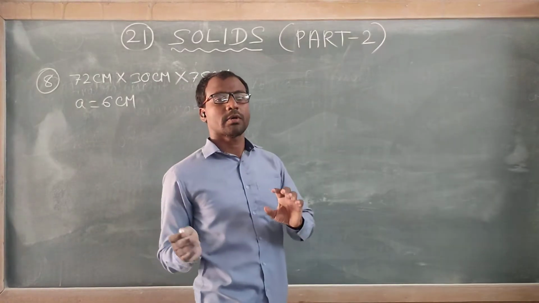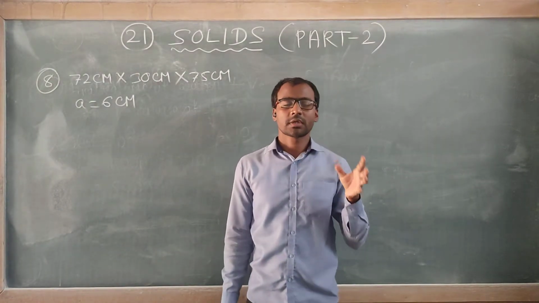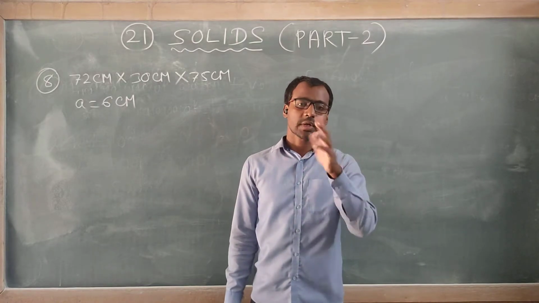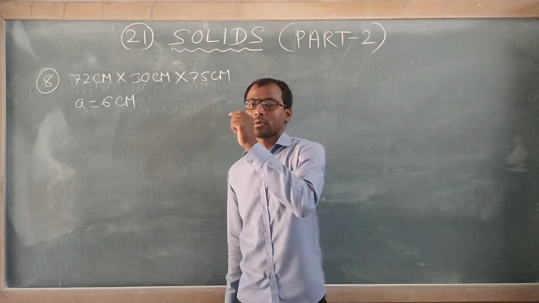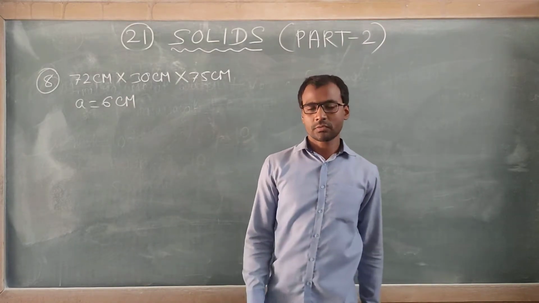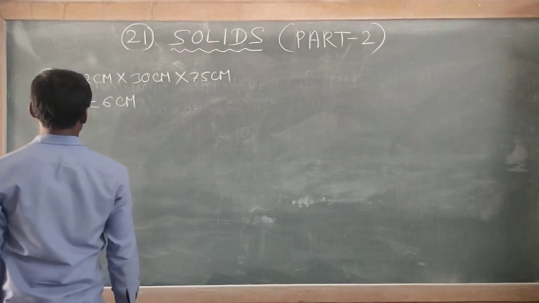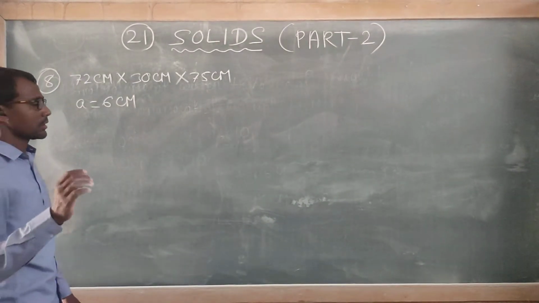In such a question where there is melting, means conversion of solid from one form to another, from cone to sphere, from cuboid to cube or cube to cuboid, in such questions there is no change in volume. Simply the shape will change, but there is no change in volume.